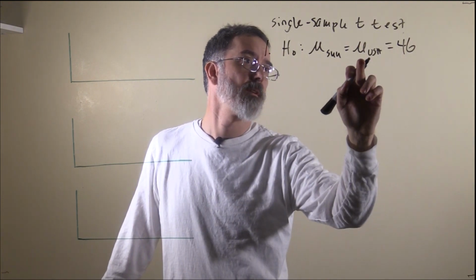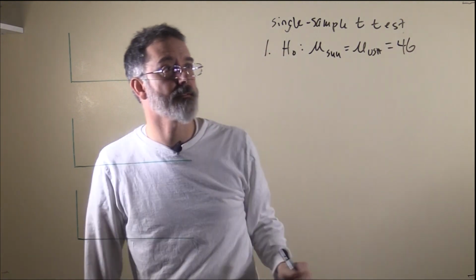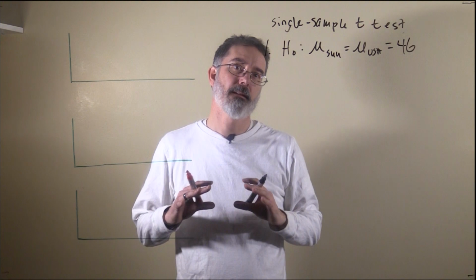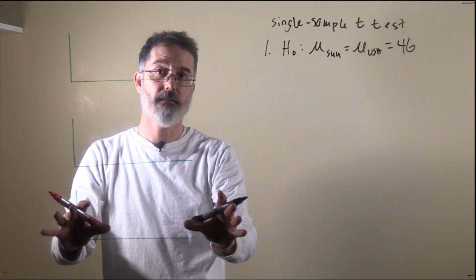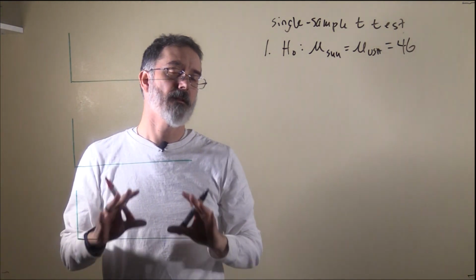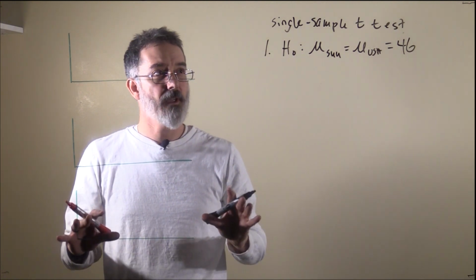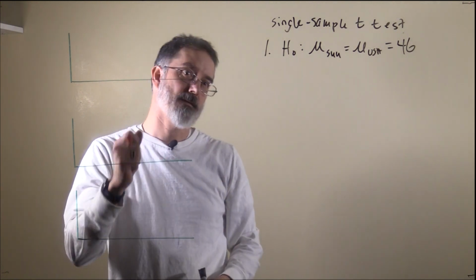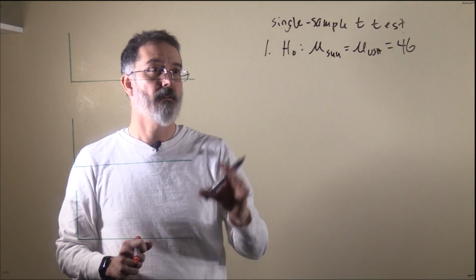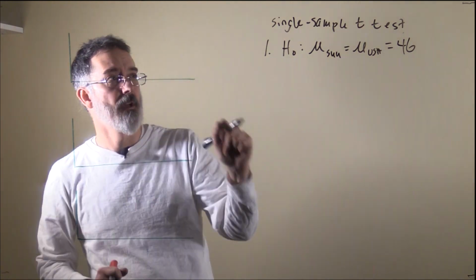So we're going to say the population mean of slices eaten per year is 46. And the t-test is set up just like the z-test, and there's only a few things that differ. What I'm going to try to do is, for the things that are different, I'm going to use a different color. And the things for a t-test that are the same as the z-test, I'll use black.